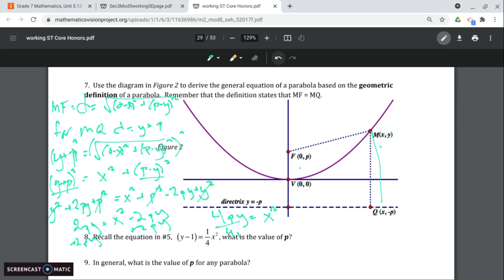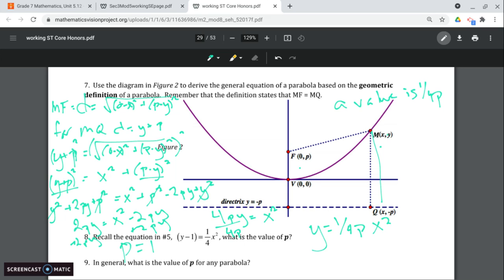Divide by the 4p. And so we end up with y equals 1/(4p) x squared. So the a value is 1/(4p). So recall the equation in number 5, y minus 1 equals 1/4 x squared. What is the value of p? The value of p is going to be 1 because we already have that 1/4.